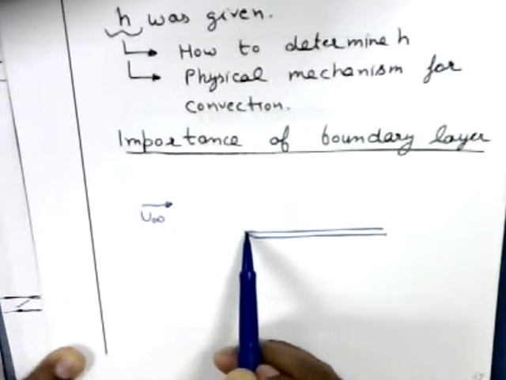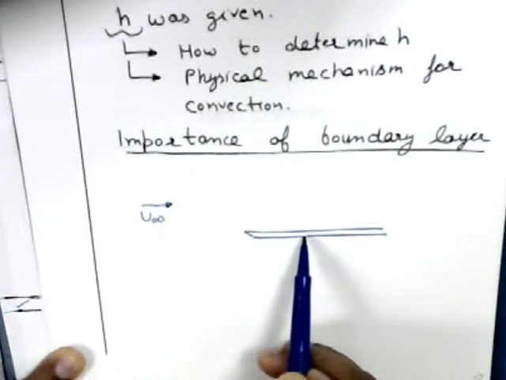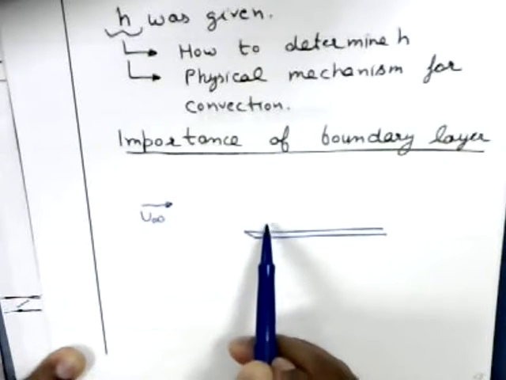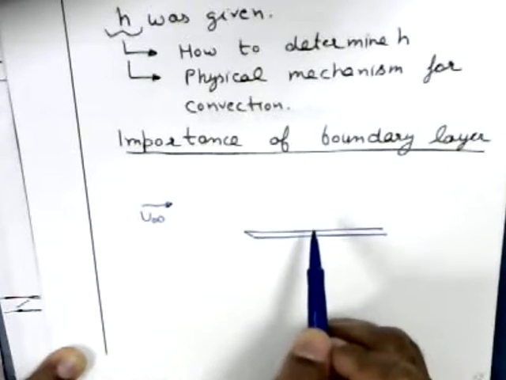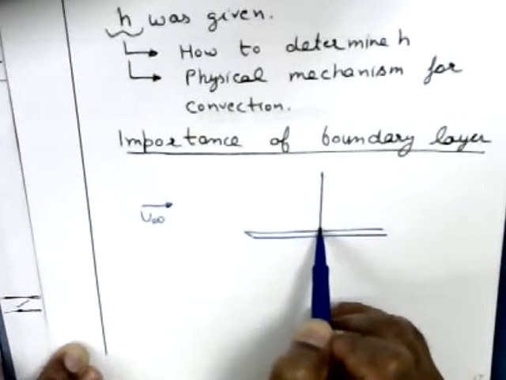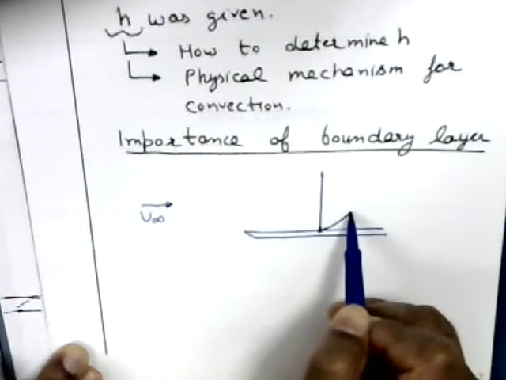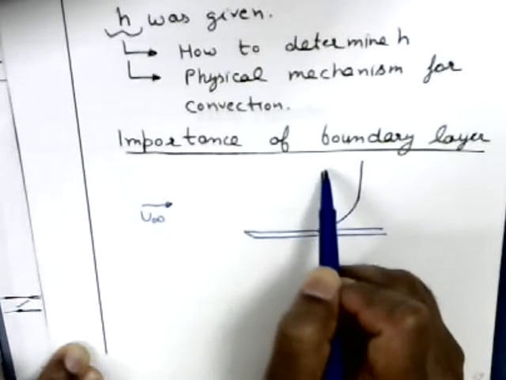The fluid particles which come in contact with the plate will come to rest immediately, and the effect is going to propagate. So at any point, if you draw the velocity profile, it will look like this. The fluid particle is at rest here, and then velocity increases, and then you get the free stream velocity.